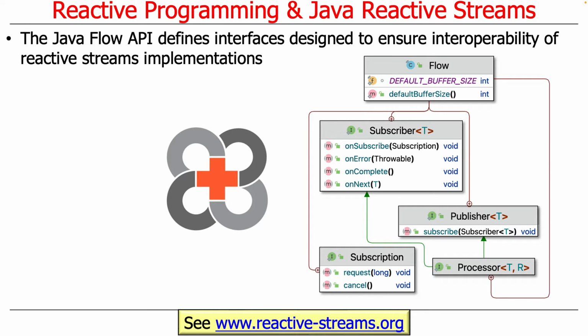The Flow API defines interfaces designed to ensure interoperability of reactive streams implementations. And these are the interfaces that are defined. So the Flow is a class, and nested in that class are four interfaces, basically publisher, subscriber, subscription, and processor. Now, the ironic part is when you program with the reactive programming frameworks like RxJava or Project Reactor, you very rarely see these things directly.